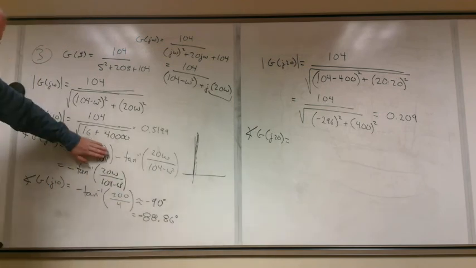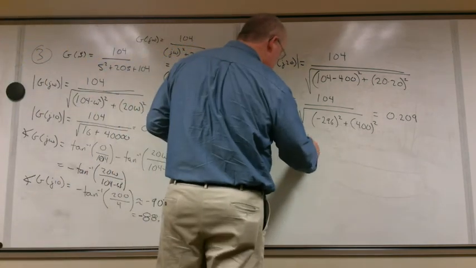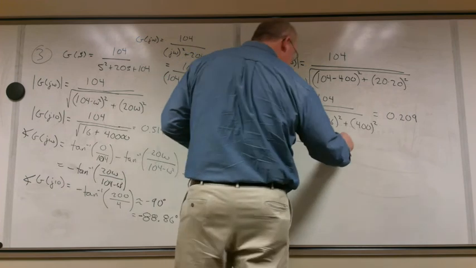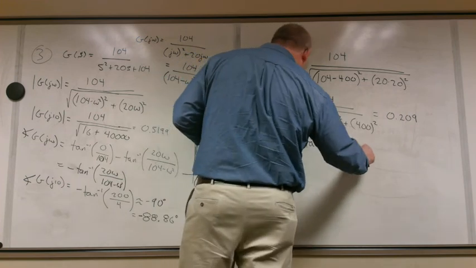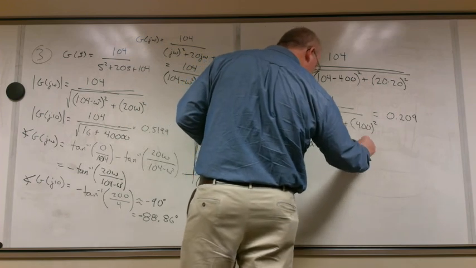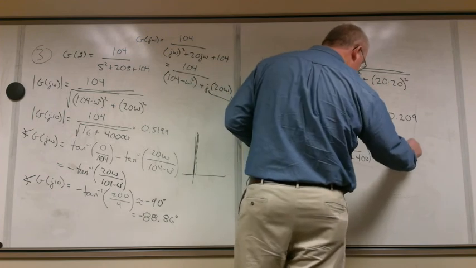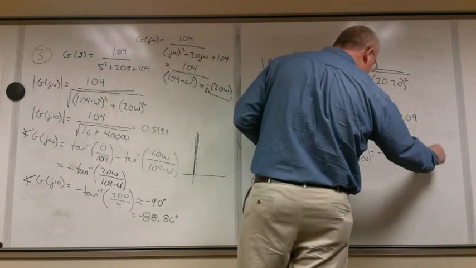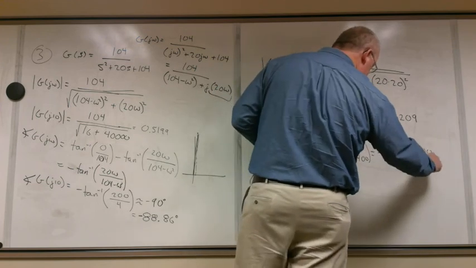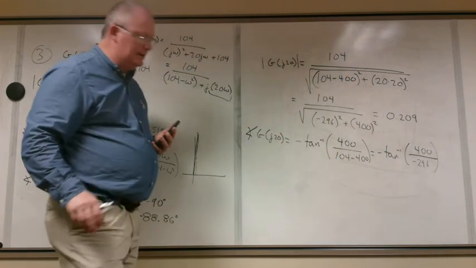The angle of the numerator is still 0, but now we're doing minus the inverse tangent of the numerator, 20 times 20, which is 400, divided by 104 minus 400, which is negative 296. Now, you've got a negative of a funny thing here.